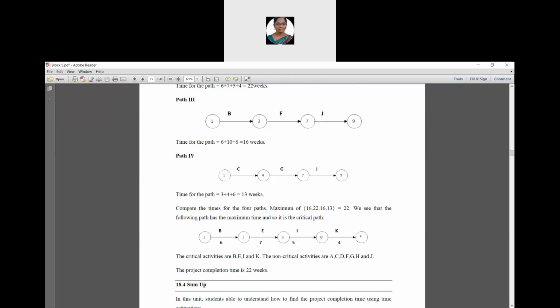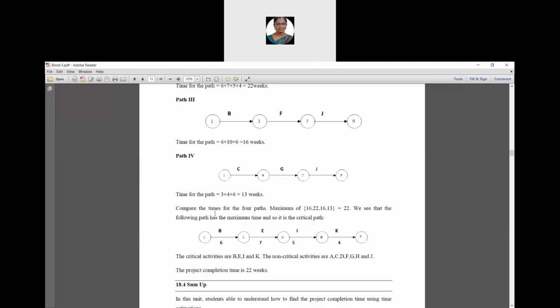It also starts from 1: 1 to 4, 4 to 7, 7 to 9. Its corresponding time duration values are 3 plus 4 plus 6. So 13 weeks.